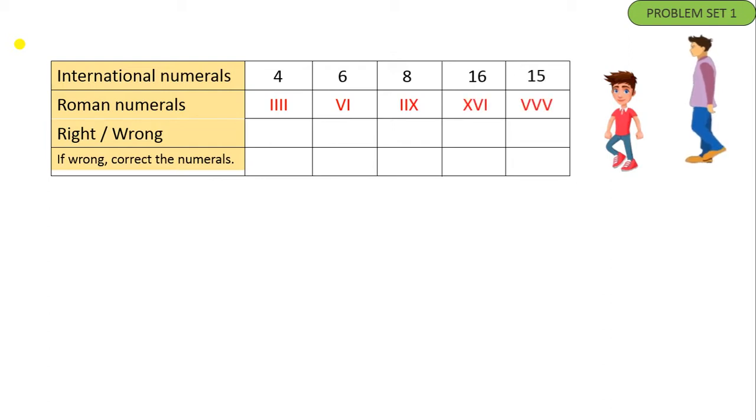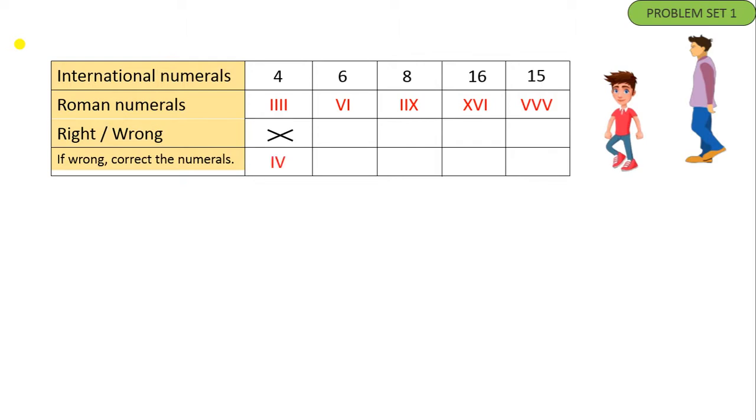Okay, the given table is as above, and observe it first. First number is 4, and for it the Roman numeral given is IIII. But according to the rule of using Roman numerals, we cannot use I consecutively more than 3 times. So, the correct Roman numeral for 4 is IV.